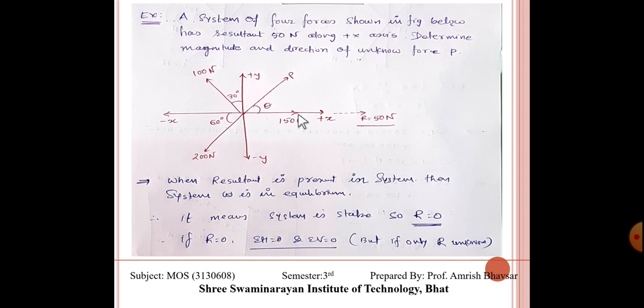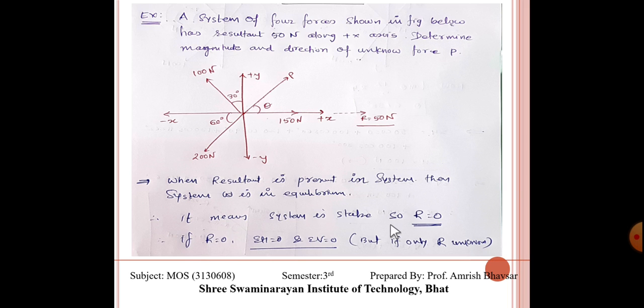Here is the 150 Newton force, and the resultant is in the same direction. This is our P force, this is the 100 Newton force, and this is the 200 Newton force, and these forces must be resolved on the positive x-axis. But what happens with this given resultant force? When a resultant is present in a system, the system is in equilibrium, which means it is stable.